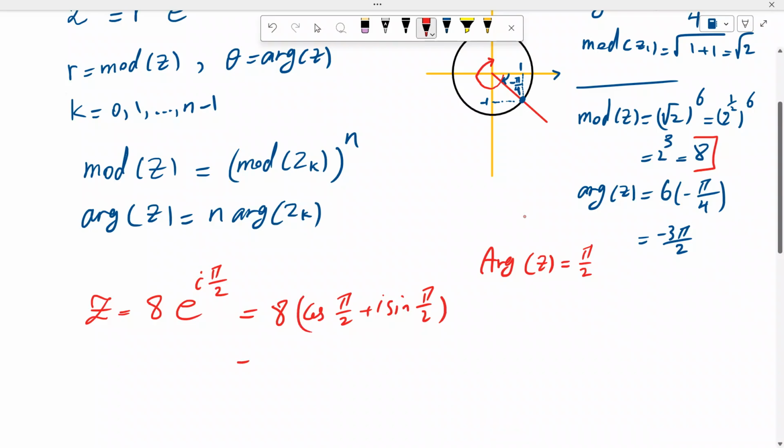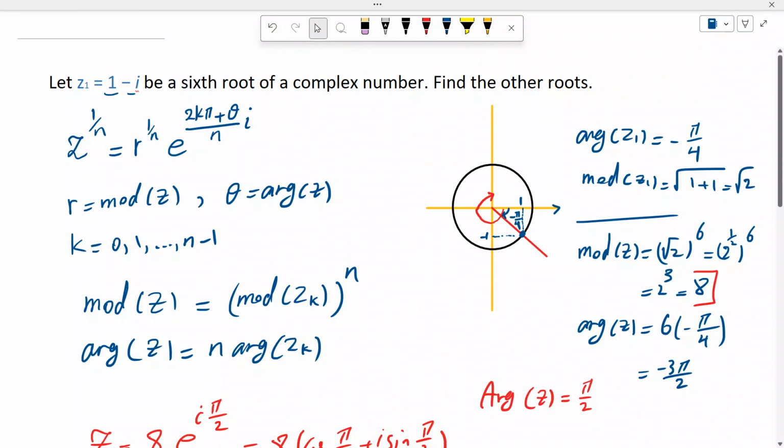Cosine pi over 2 is 0, sine pi over 2 is 1, so this is 8i. It means that z is somewhere on the y-axis. Let's say this is 8i. So z is here. And one of the 6 roots of z, which is z1, is somewhere here.